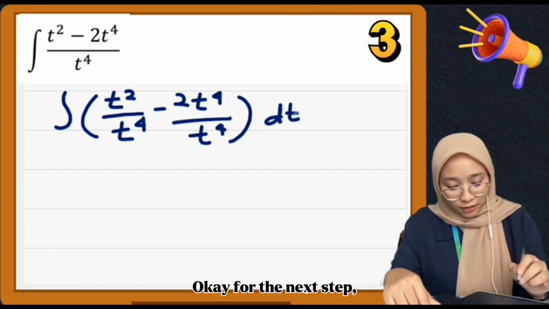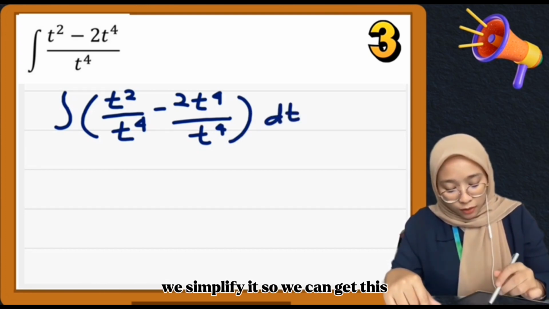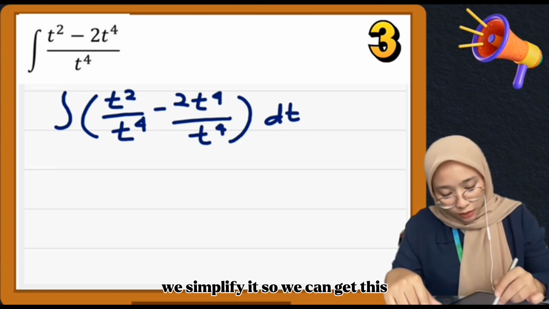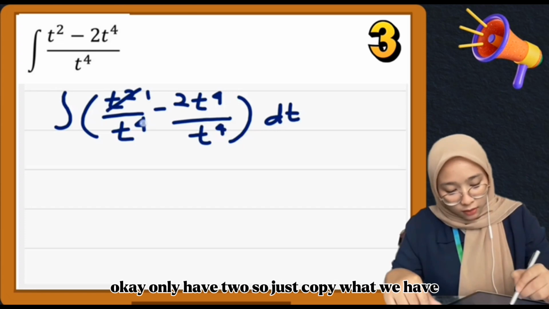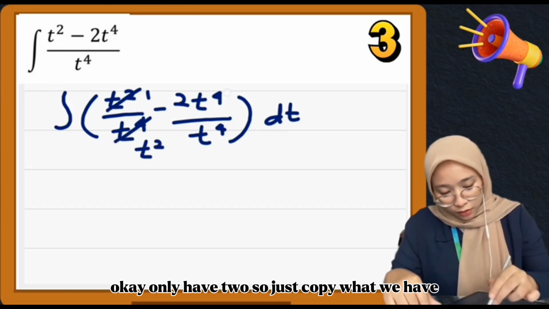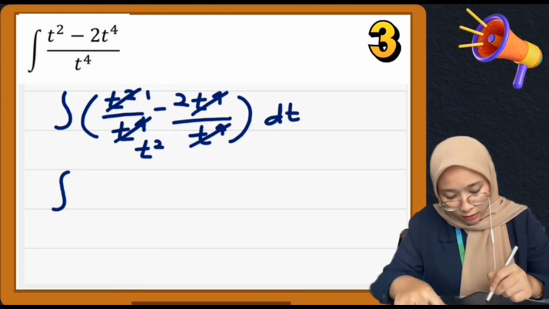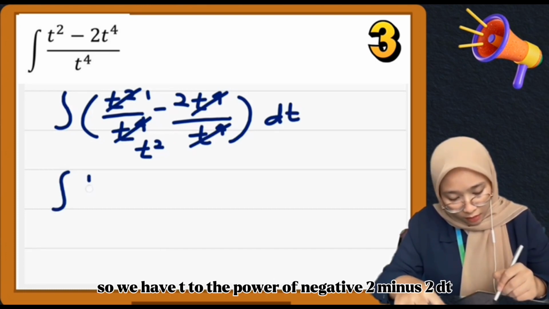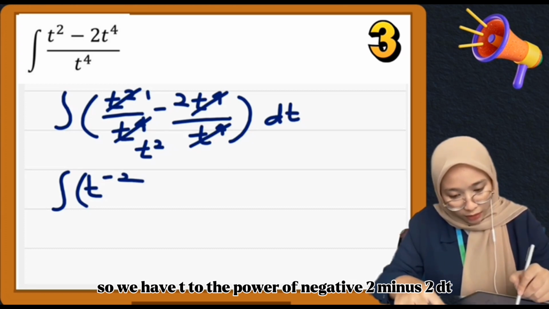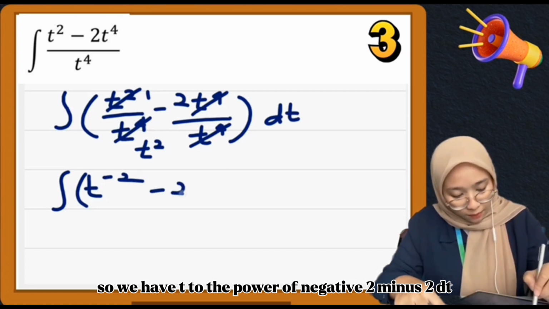Okay, for the next step, we simplify it, so we will get this. Okay, only have 2, so just copy what we have. So we have t to the power of negative 2 minus 2 dt.